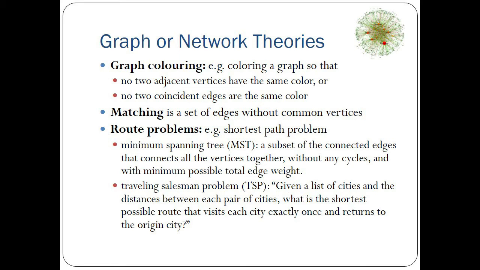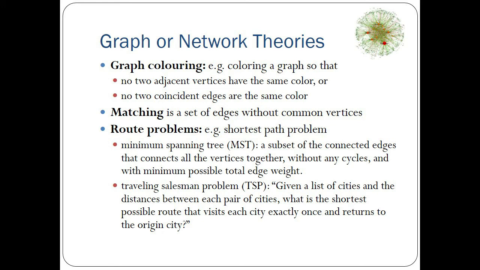Then matching is one of the problems in graph theory that tries to identify a set of edges without common vertices. Then you have routing problems, for example the shortest path problem, which is very common and very easy to understand. Then you have minimum spanning trees.